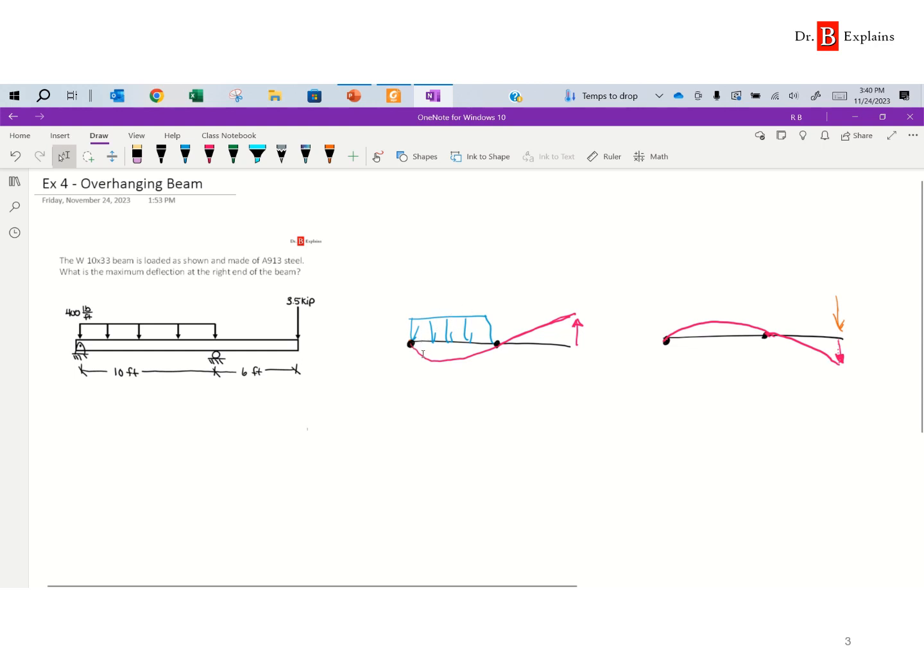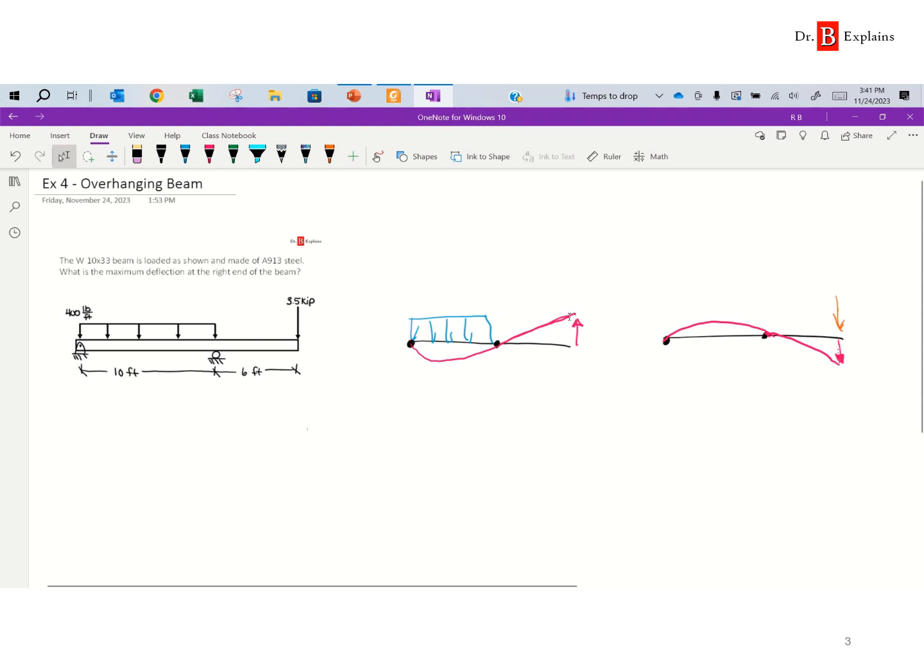If we draw the deflection curve of the beam, we would expect it to be concave up between the supports. After the supports there's no loading, so we have basically just a straight line. And what we can see is that at the right-hand support, the deflection is going to be upward.